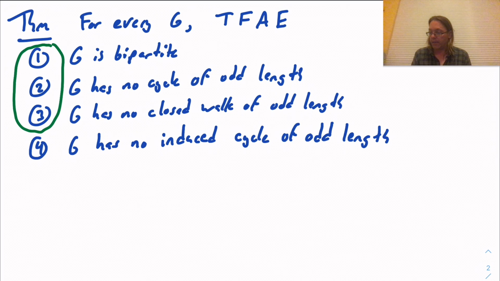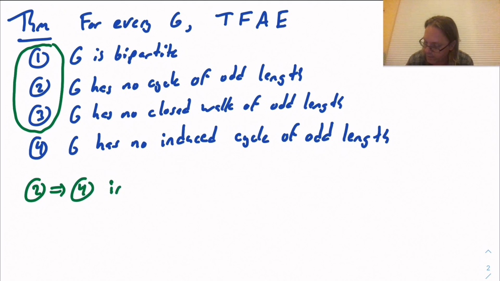What's easy here is that 2 implies 4 is immediate.